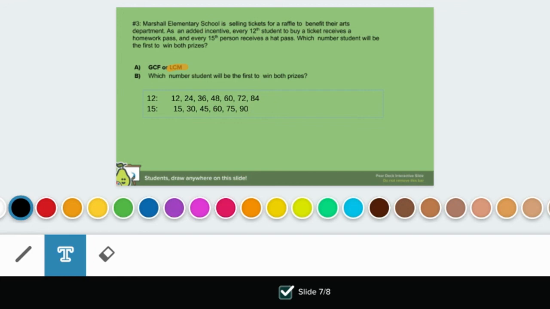And I notice that 60 is the smallest number that is the same. So that means that the 60th student will get both prizes.